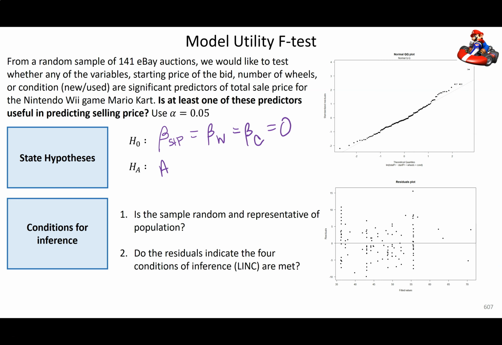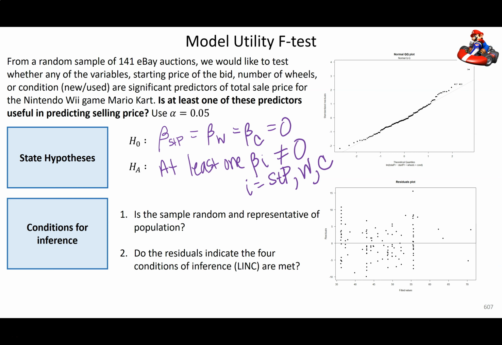And then I'm going to say at least one beta i is not equal to 0. And for me, I like to say beta i can be starting price, STP, wheels, or condition. I would probably write more explicitly what each of those stand for. Absolutely, that's useful.